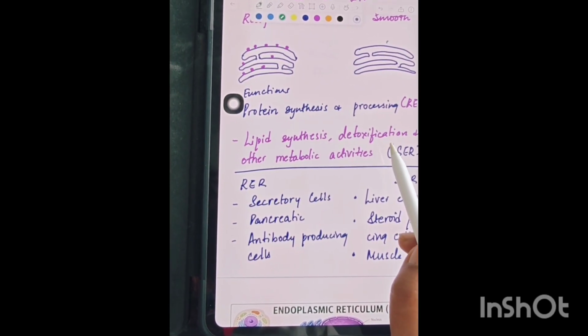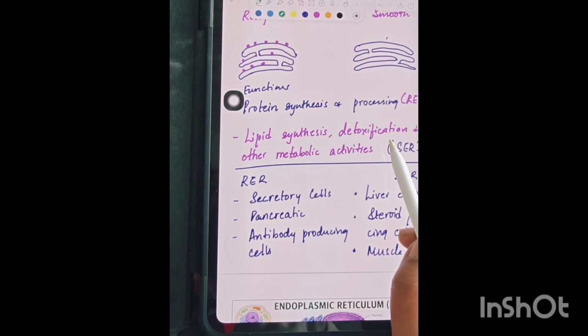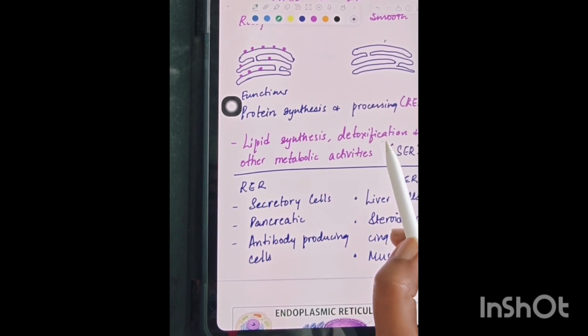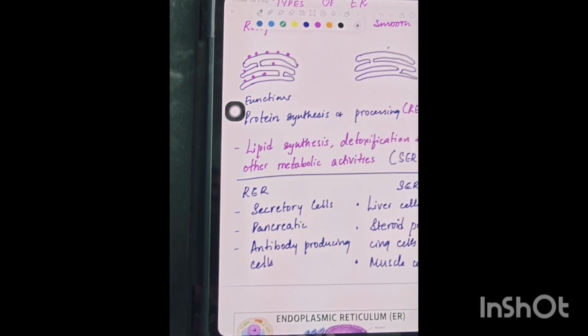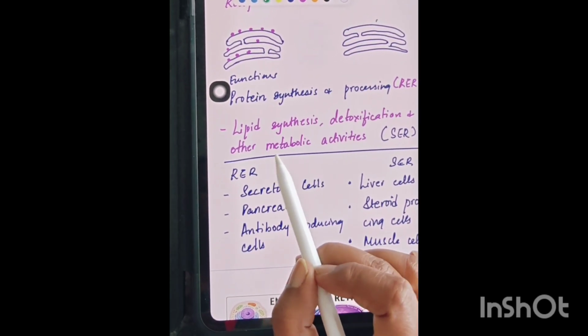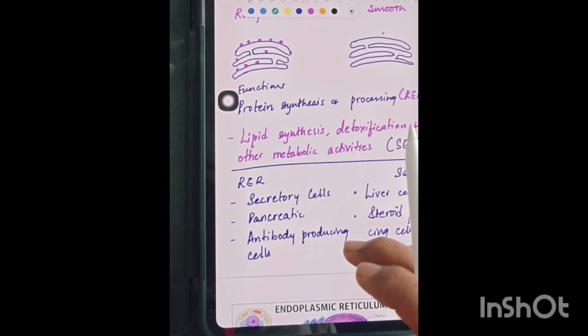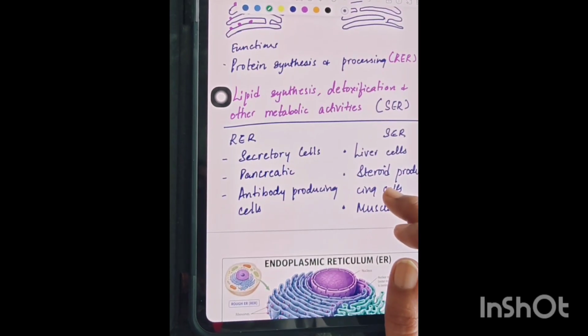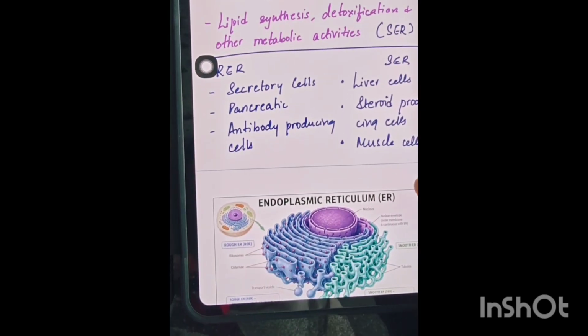If any unwanted drug or chemical substance is not required by the body or the cell, the detoxification is done by the smooth endoplasmic reticulum, and it also performs other metabolic activities. These are the two major functions of rough and smooth endoplasmic reticulum.